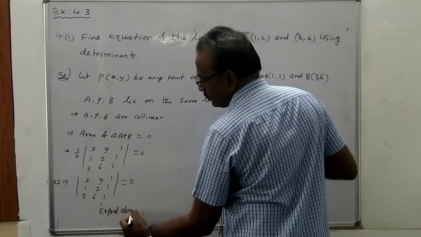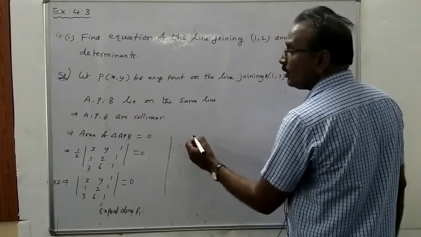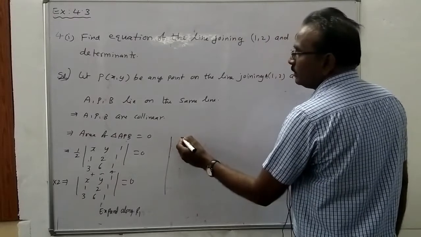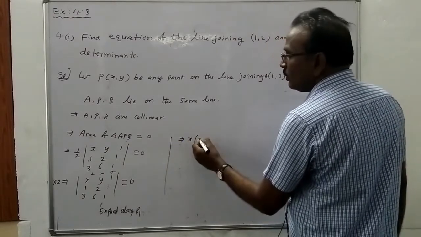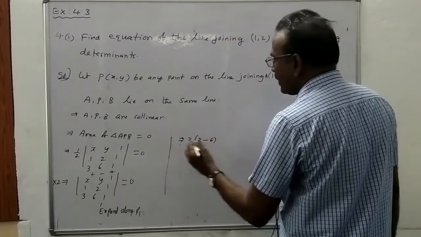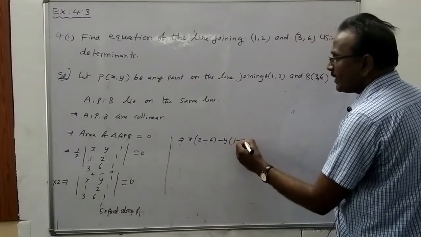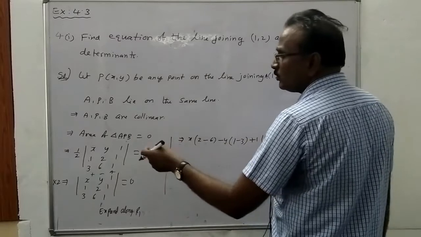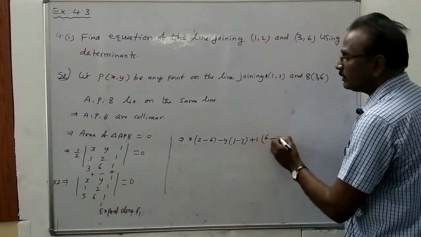along R1, with signs plus, minus, plus. That is x into (delete first row, first column: 2 ones are 2, minus 6), minus y into (delete first row, second column: 1 one is 1, minus 3), plus 1 into (delete first row, third column: 1 six is 6, minus 3 twos are 6).